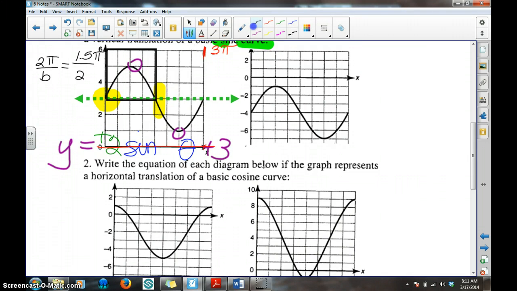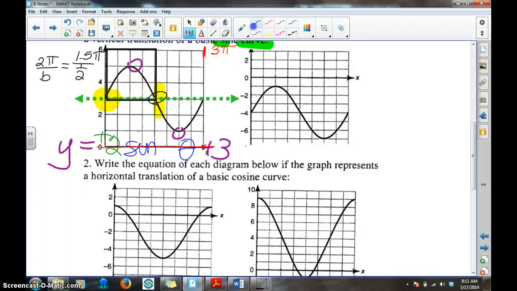Now once again, the proportion is always going to be 2 pi over b on the left, my width, which is 1.5 pi, over my sections of graph, which is half. So the proportion I've got set up now is 2 pi is to b as 1.5 pi is to 1/2.